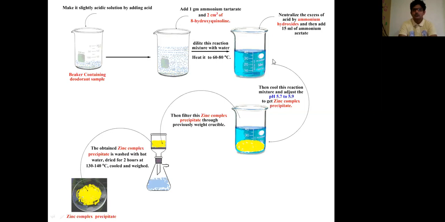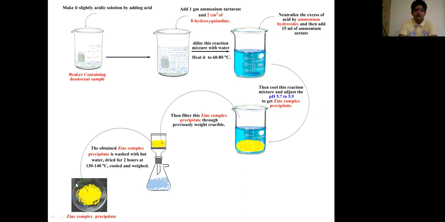In this resulting solution, neutralize the excess of acid by ammonium hydroxide and add 15 ml of ammonium acetate. Then cool this reaction mixture and adjust the pH to 5.7 to 5.9 to get the zinc complex precipitate. Filter this zinc complex precipitate through a previously weighed crucible and the obtained zinc complex precipitate is then washed with hot water, dried for 2 hours at 130 to 140 degrees centigrade, then cooled and weighed.